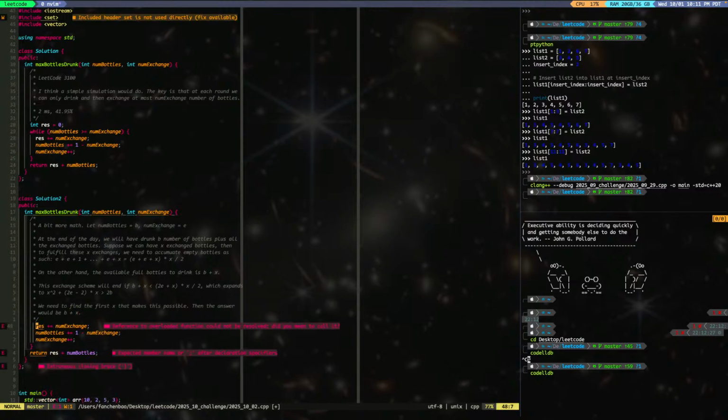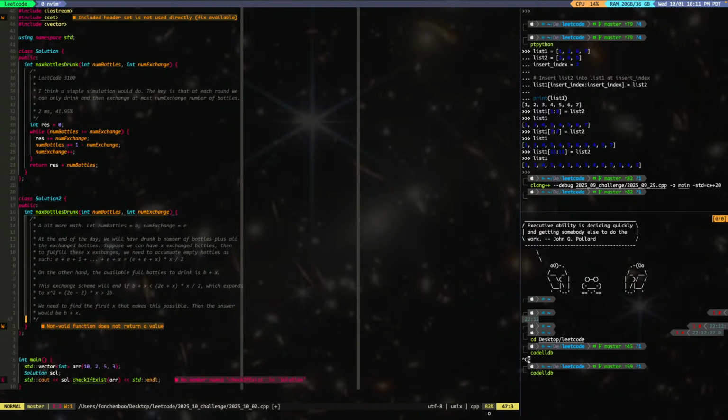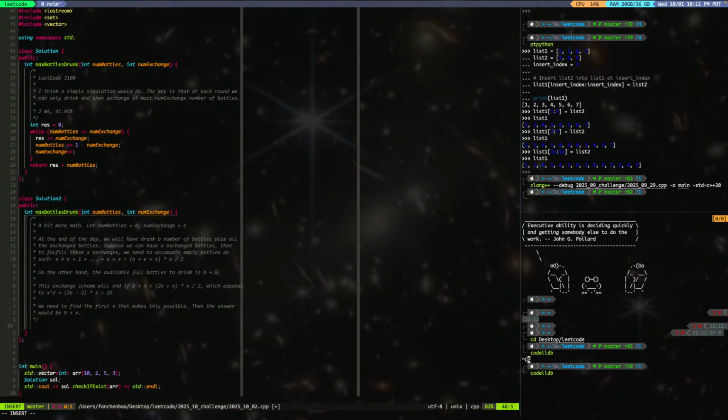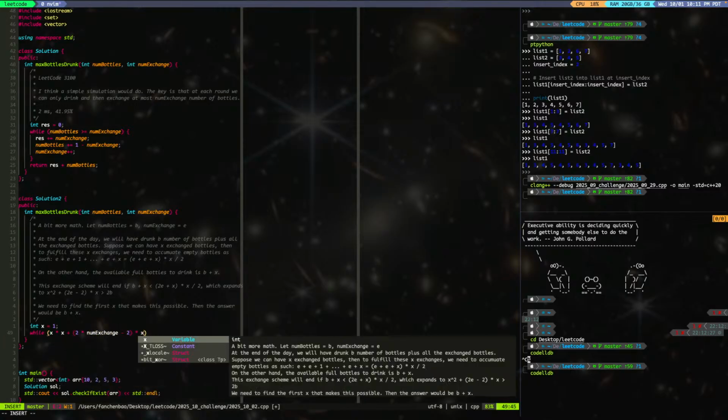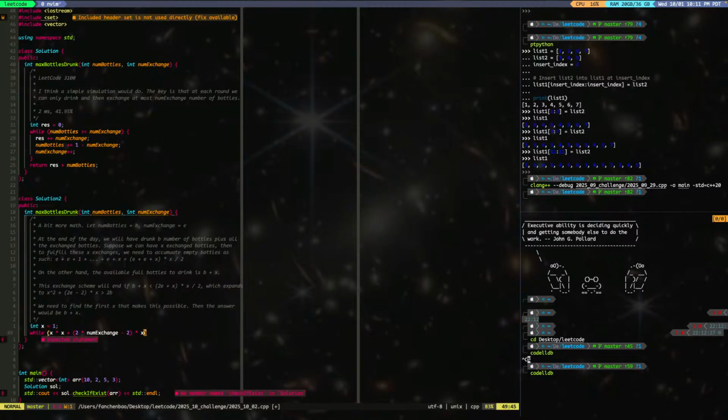Okay, so in this case, for int X equal to 1, let me just go X equal to 1. While X times X plus 2 times num exchange minus 2 times X is smaller or equal to, what about equal?